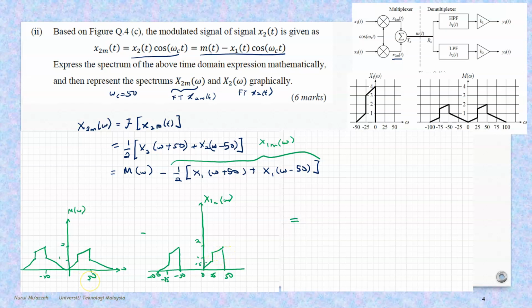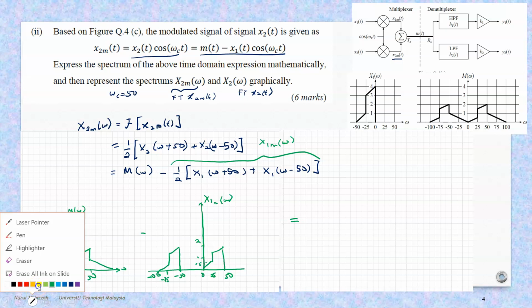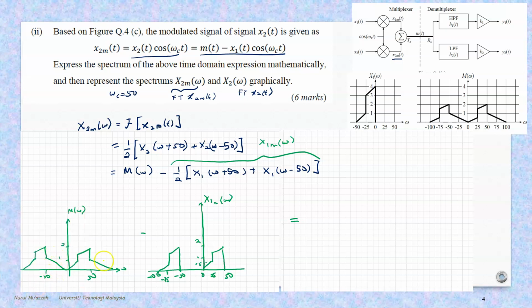If we observe these two spectrums here, we should notice that the part that is missing at x1m omega, which does not exist at x1m omega, is the triangle here.